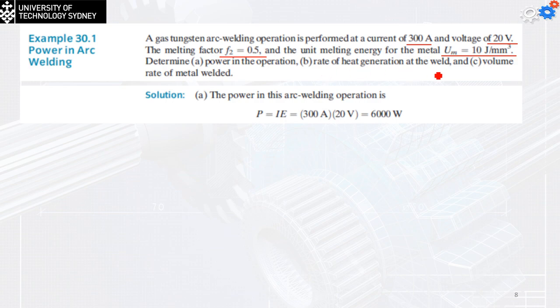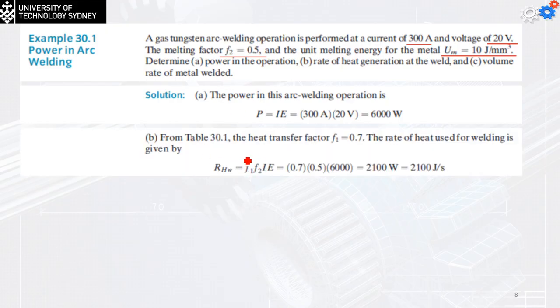Now the rate of the heat generated in the arc welding, or the RHW. That will be the F1 multiplied by the F2 multiplied by the P. So mainly we have here 0.5, and for the arc tungsten welding is 0.7 for the F1. So we are going to get the equation to be 0.7 for the F1, 0.5 for the F2, and the 6,000 is the I multiplied by the E, and this will give me 2,100 watt, or 2,100 joules per second.